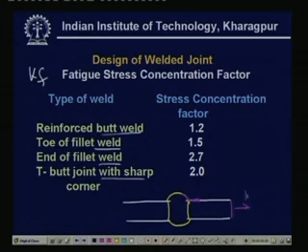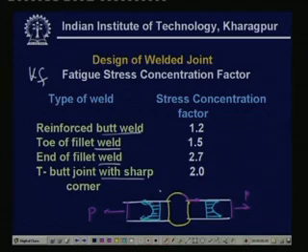If we apply a load here, then due to this abrupt change, if you find out the stress distribution there, then the stress distribution is not uniform, but it will be of this kind of nature. So, this is the stress distribution.